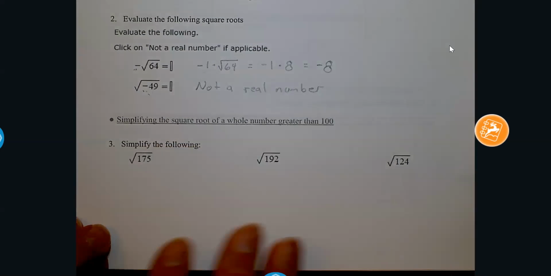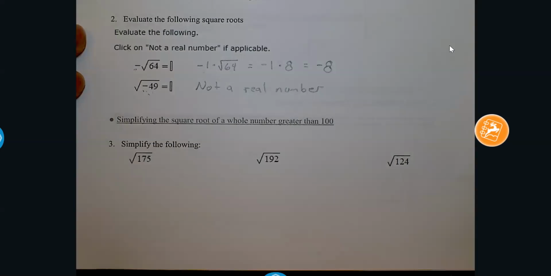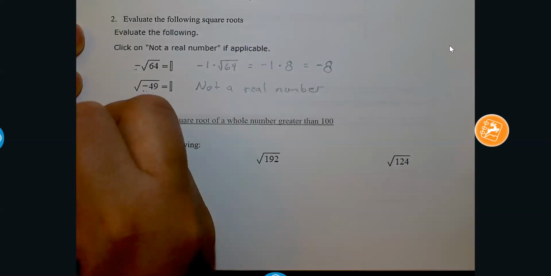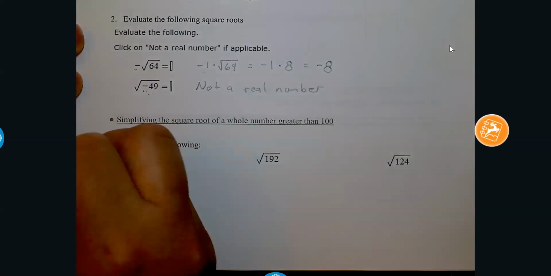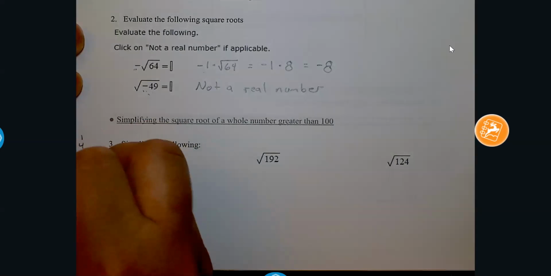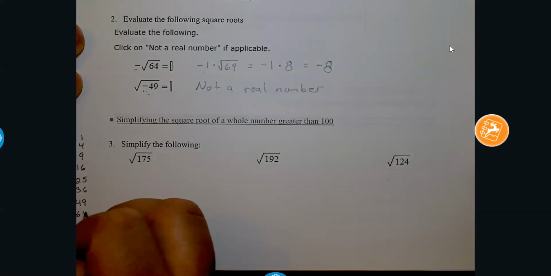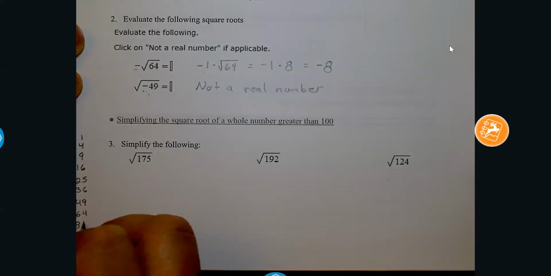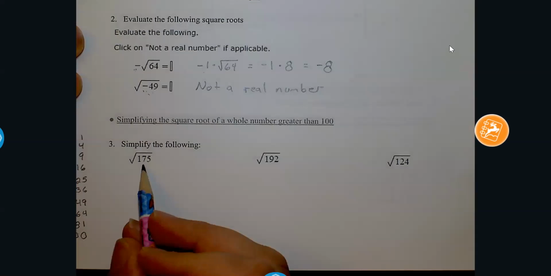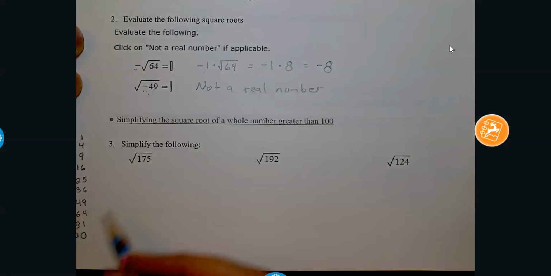So those numbers that we came up with before, the 1, 4, 9, 16, 25, 36, 49, then we have 64, 81, and 100. We have to find the largest perfect square that divides into 175.